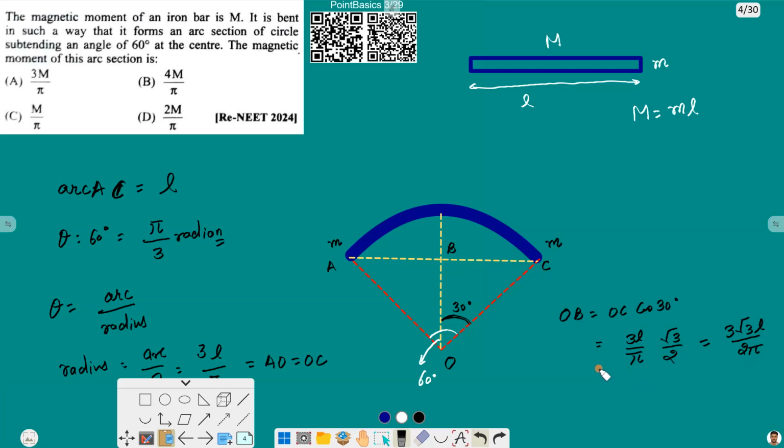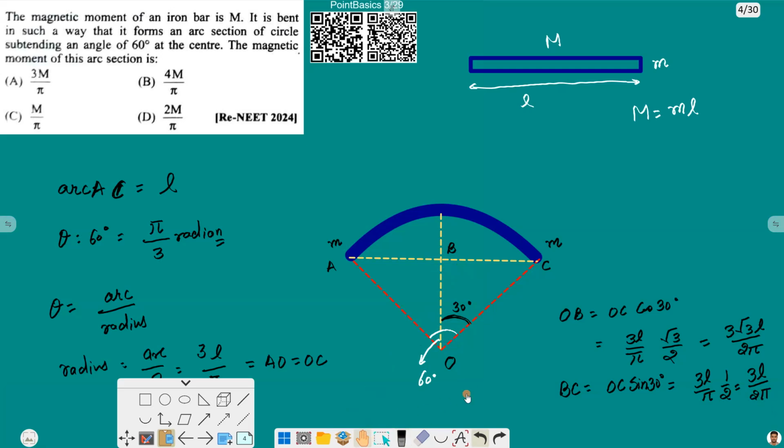And similarly, we can find value of BC. BC will be OC sine 30. So OC is 3L by pi, and sine 30 is half, so 3L by 2 pi. So we have all the lengths.